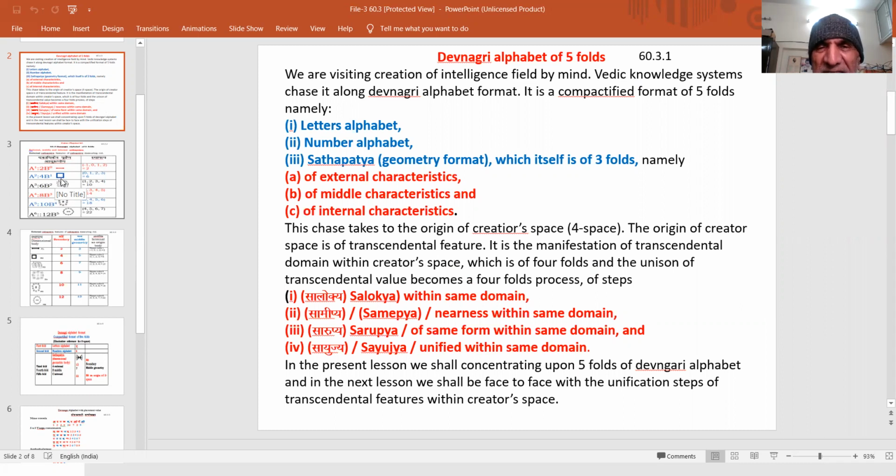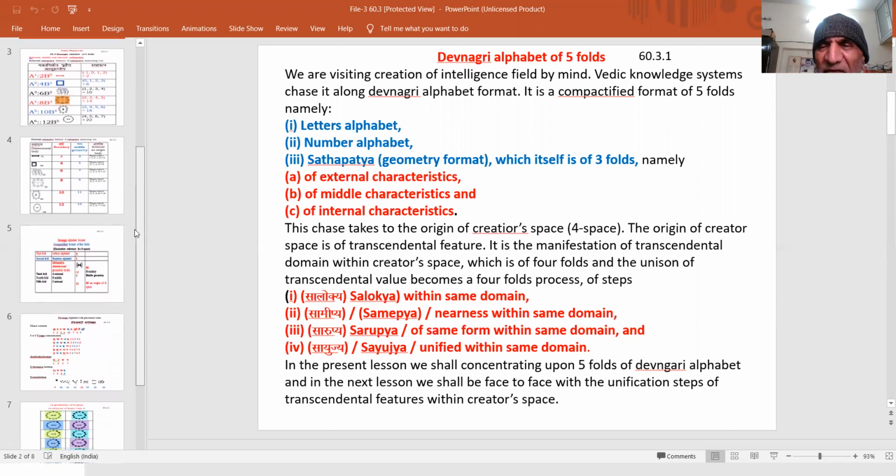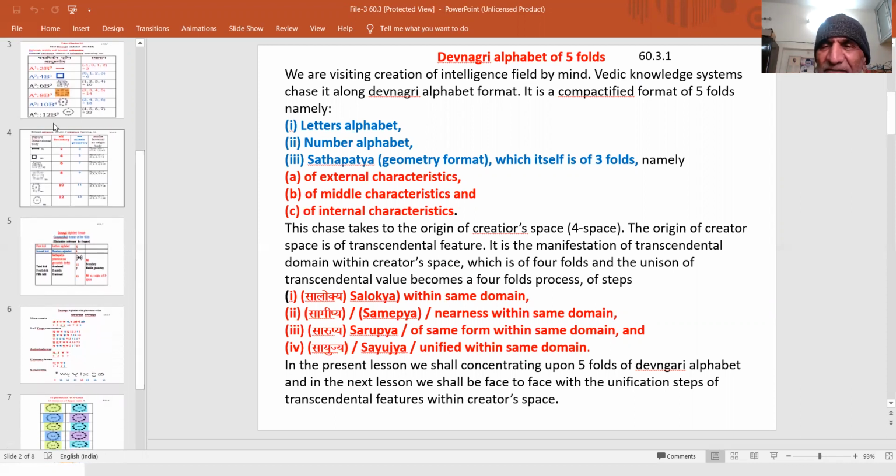When we are visiting the creation of the intelligence field by mind in terms of Vedic systems along Devnagri alphabet format, we are essentially approaching it in 5 phases, parallel with the 5 folds of Devnagri alphabet, namely letters alphabet, numbers alphabet, and Sathapatya, the metric format, which itself is of 3 folds.